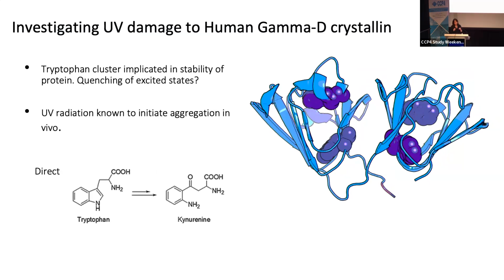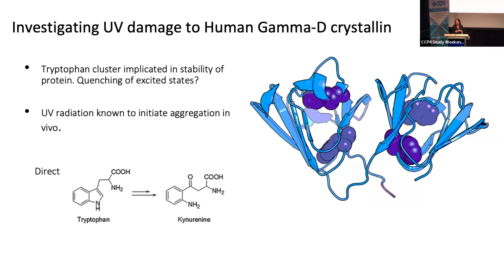There's an important structural feature that we think is related to the UV stability. In each of the N and C terminal domains of the protein, there are 2 tryptophan residues, and it's thought that these act as a sink for the UV energy that's being absorbed by the various aromatic amino acids. They can transfer their energy to the tryptophans, and then it can be dispersed through the protein.